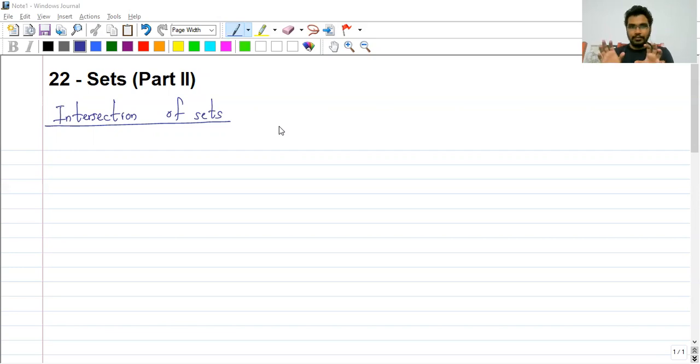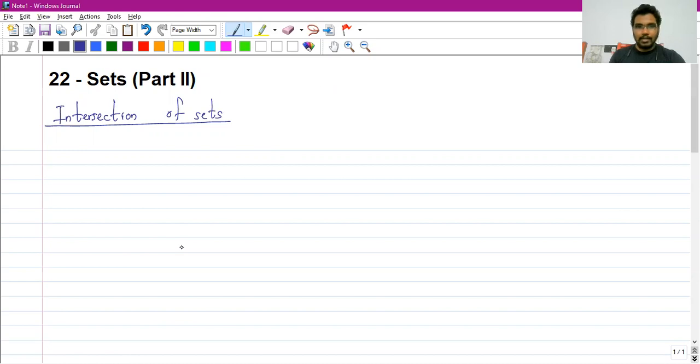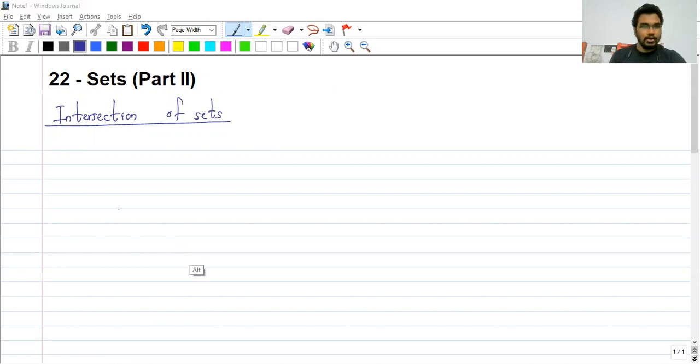Again, I will explain. When two or more sets are considered, the set consisting of the elements which are common to all the sets is known as the intersection. I think you can understand it, and in the example I will explain it further.